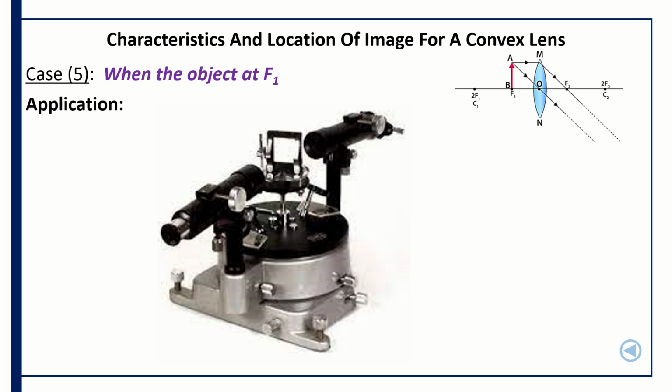So the object should be at the focal point of the lens, so we get the highly magnified image and we can understand and study the material or atom or molecule which is under study. So this is the application of keeping an object at f1, right?